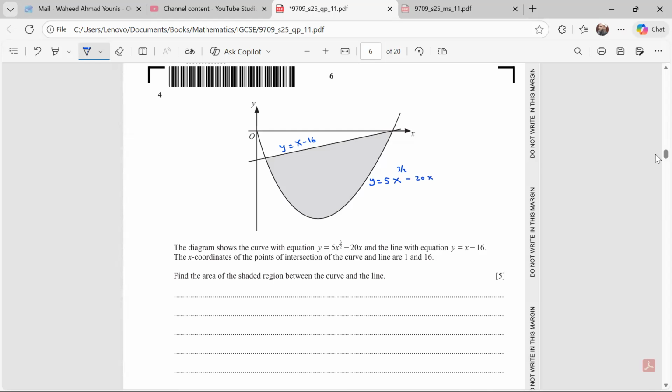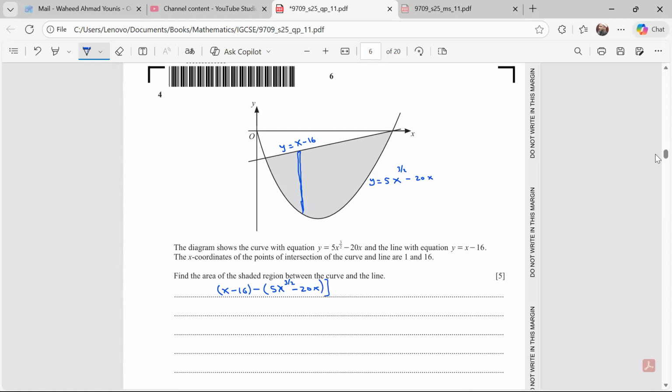So the region in between, let's say this small rectangle, yes, it is going to be x minus 16 minus 5x power 3 by 2 minus 20x.